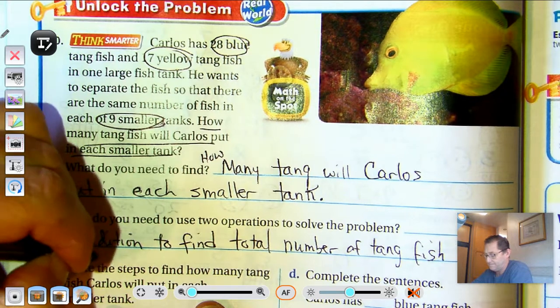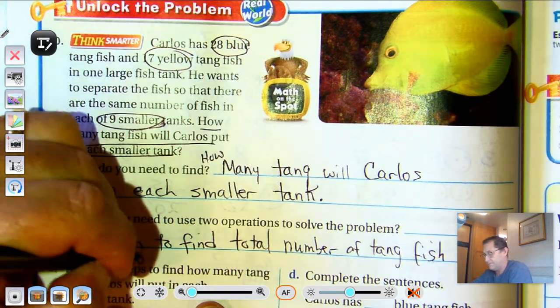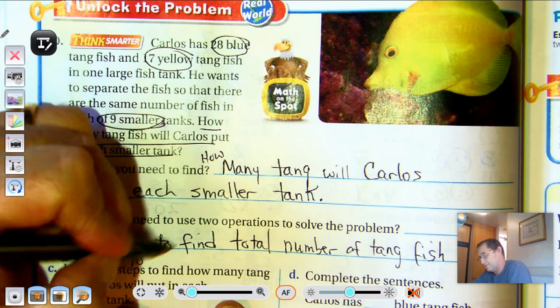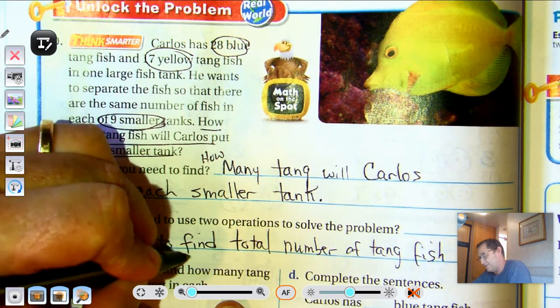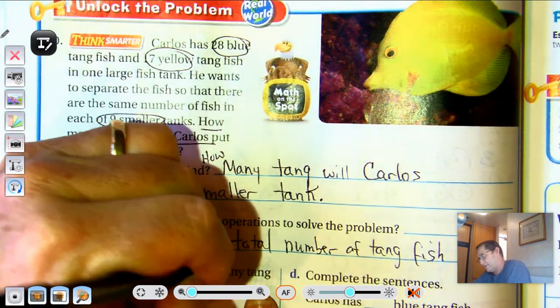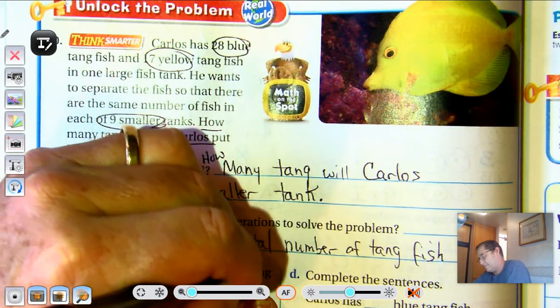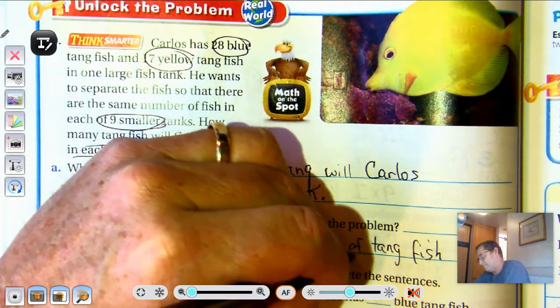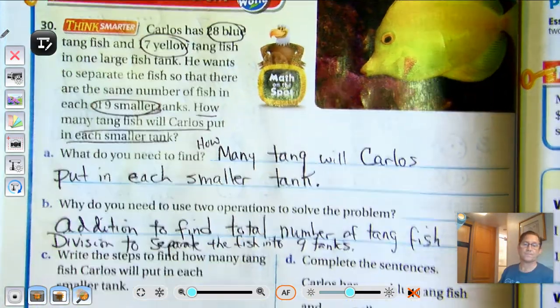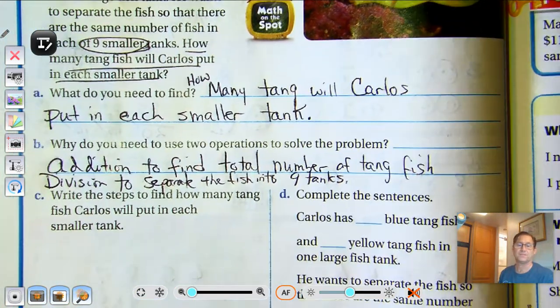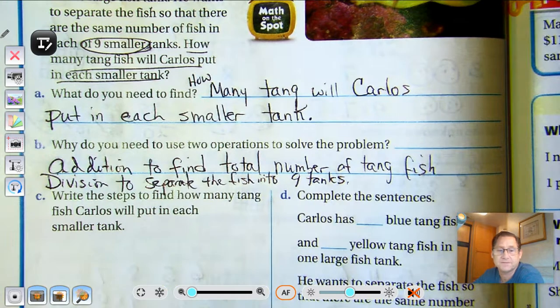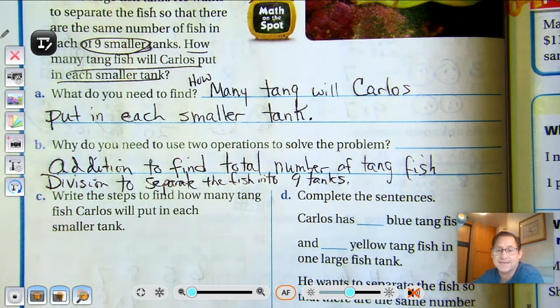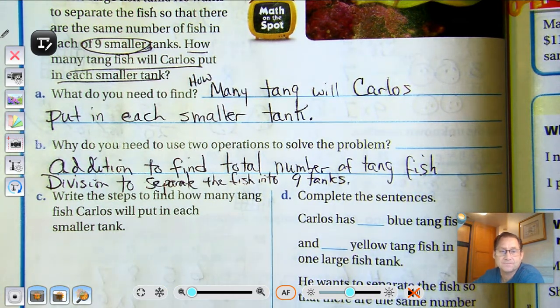Division to separate the fish into 9 tanks. Okay, so addition to find the total number of tangfish, division to separate the fish into 9 tanks. Write the steps.